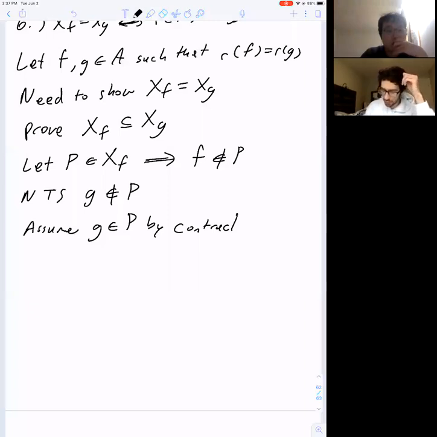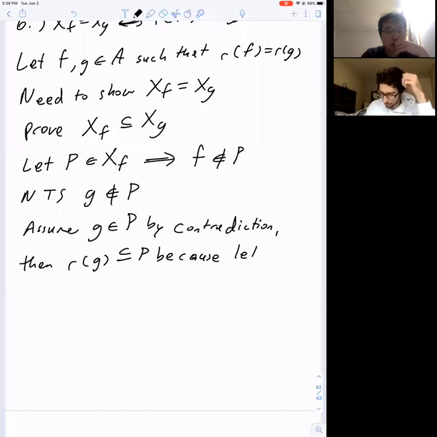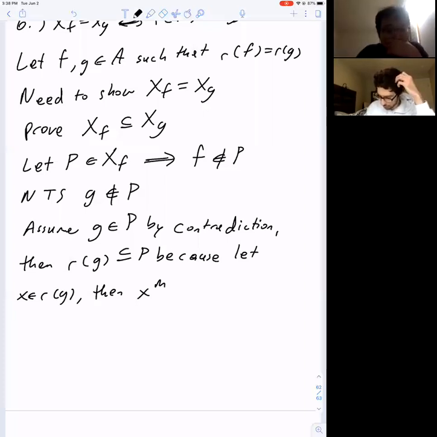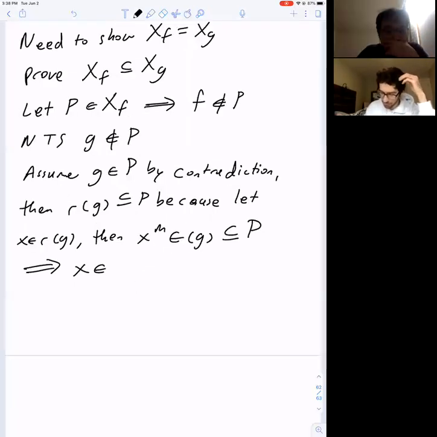So if g is in P, then the radical of g is in P, because let x be in the radical of g, then x to the m is in g, which is contained in P. But because a power of x lies in P, that means that x itself must lie in P, because P is prime.